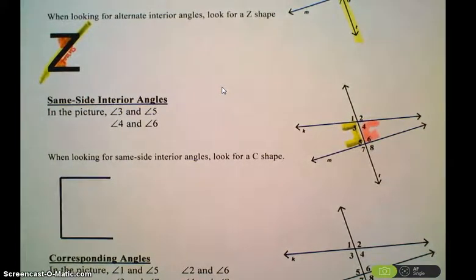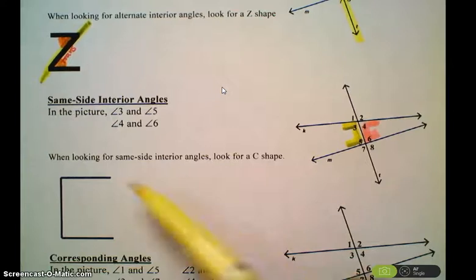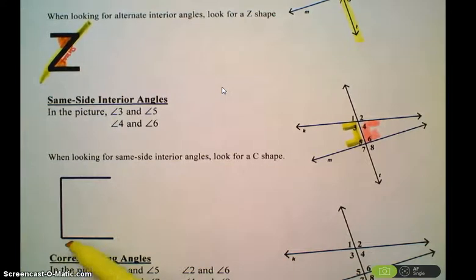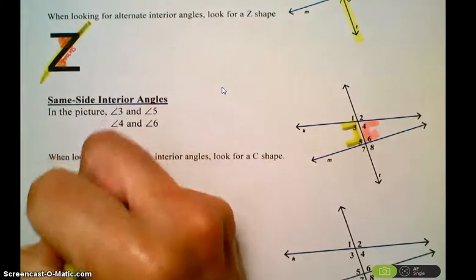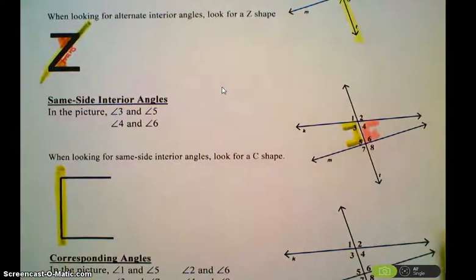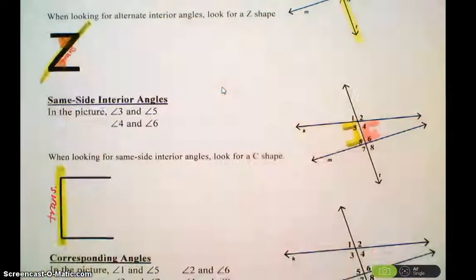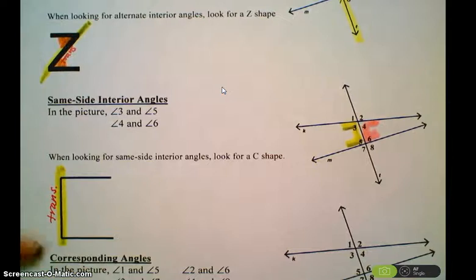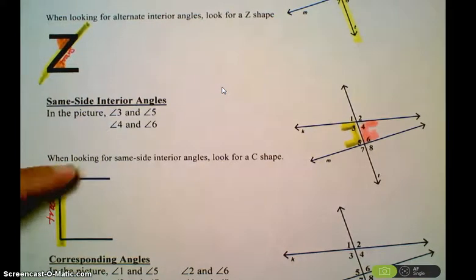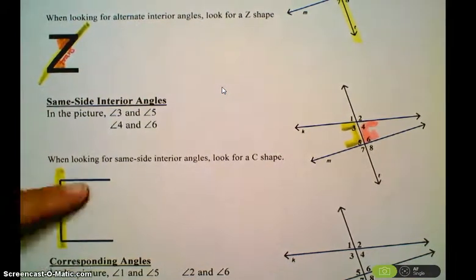So when you're looking for same side interior angles, you want to look for a C shape. When you do have that C shape, this part of the C is your transversal. And then the top and the bottom of the C are the two lines that are being crossed by the transversal.